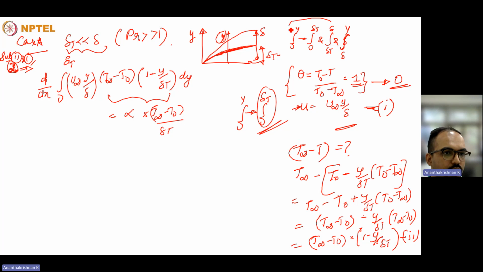So only these two are taken into consideration, where the velocity is scaled based on U infinity y by delta. It is a scale based on delta.